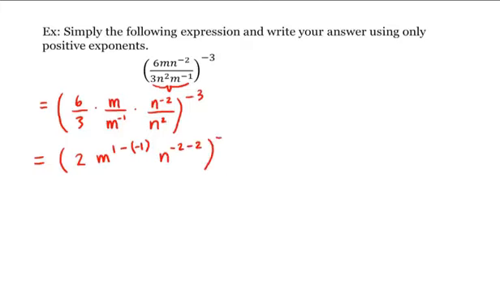Whole thing still raised to the negative third power. And this is equal to 2m squared, because it's 1 minus negative 1, times n to the negative fourth power, whole thing to the negative third. And then, by the power of a product rule, we can raise each of the factors to the negative third power.